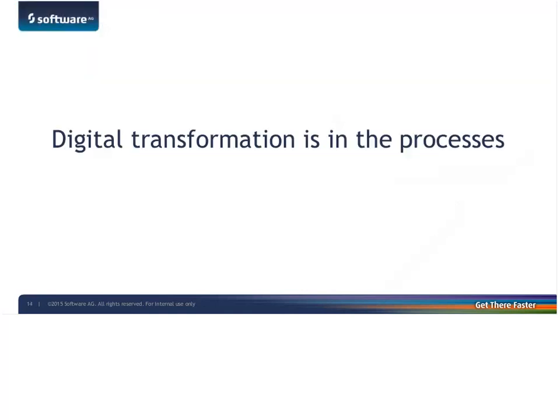Because the digital transformation is in the processes. And if the process innovation is providing better customer experience, then you will be successful. If your processes provide a bad customer experience, then your business will fail. So if you bring everything together, it's important to see what the competitors do, what the market is doing, what technologies are available.